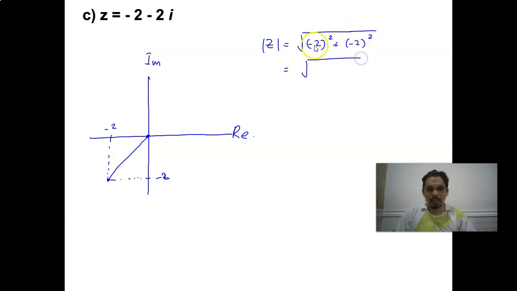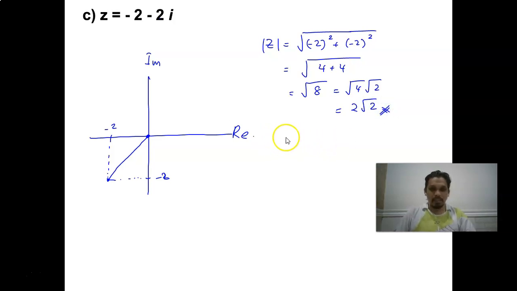Okay, negative 2 squared equal to 4 plus negative 2 squared equal to 4, then the square root of 8, which is, okay, simplify this. It is the square root of 4 times the square root of 2, and the square root of 4 equal to 2, so 2 square root of 2. There you go.